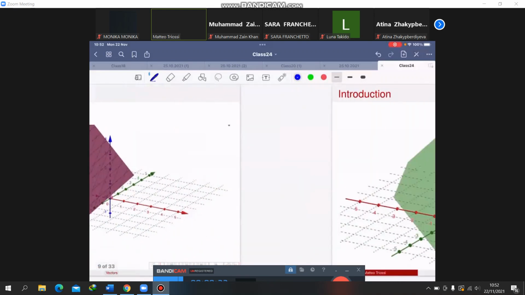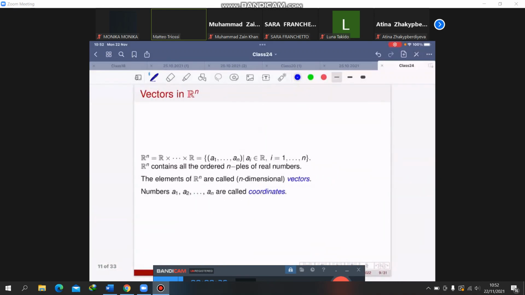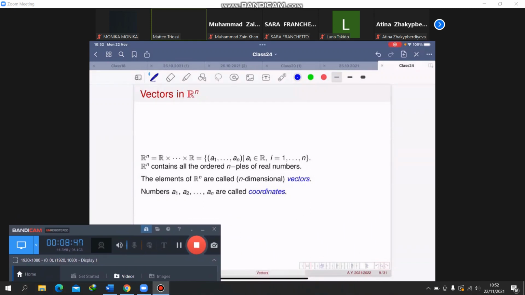So let's go to the formalities. What is this kind of thing that you have probably seen in high school that is called a vector? A vector is a way to call any n-tuple in Rn, any point in Rn.